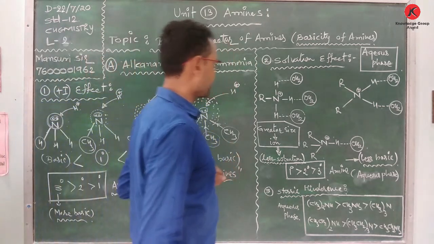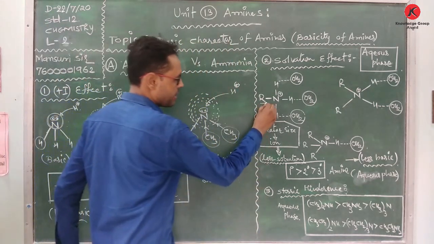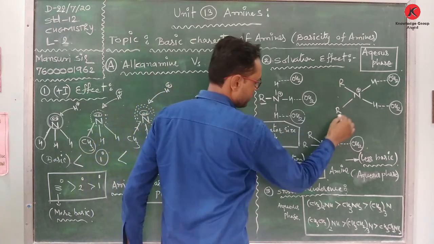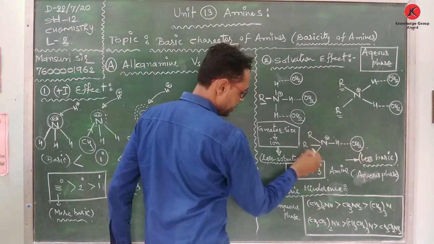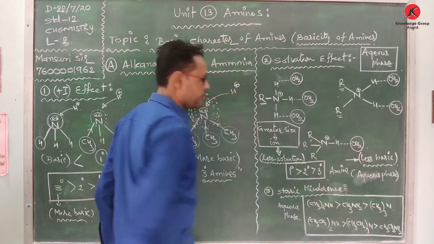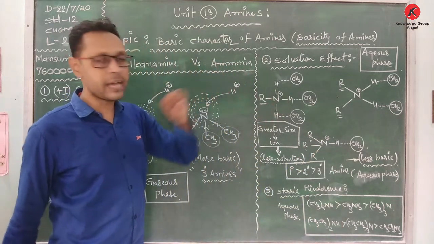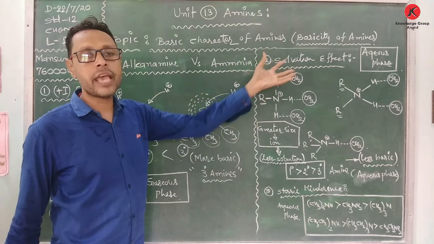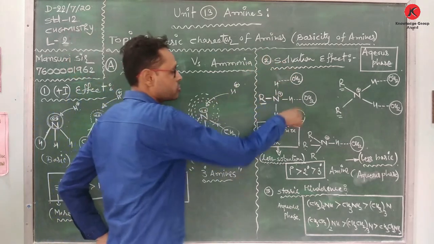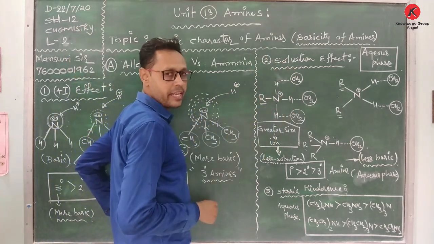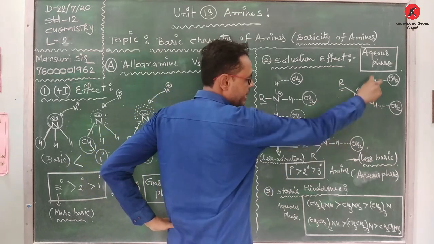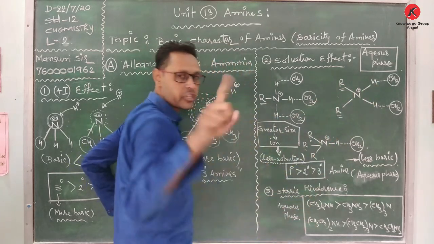We will see. Now here, this is primary amine, this is 2, that means secondary amine, and this is 3R, that means tertiary amine. Now, primary amine reacts with the H plus proton and forms the ion of primary amine. This is the ion of secondary amine. This is the ion of tertiary amine.